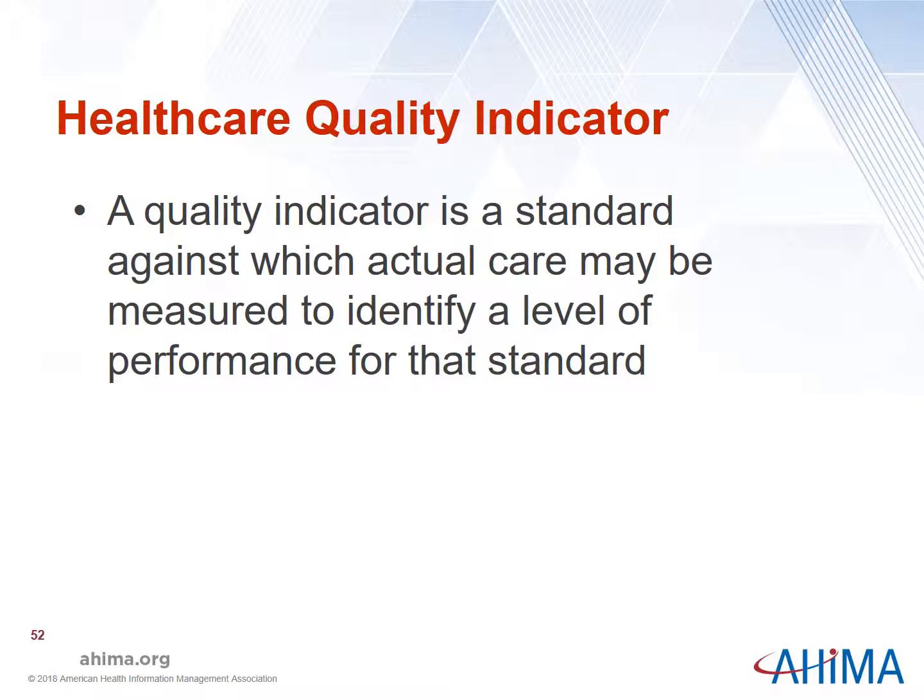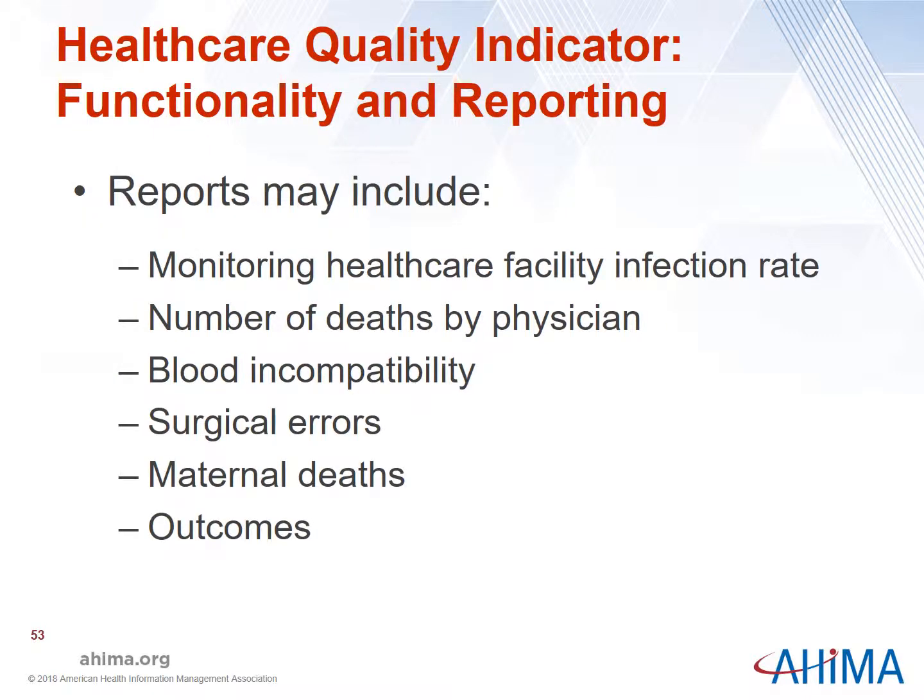Abstracting and reporting are two critical aspects of the quality indicator system. Because the data from this information system will be used in performance improvement, reporting is a key part of this information system.